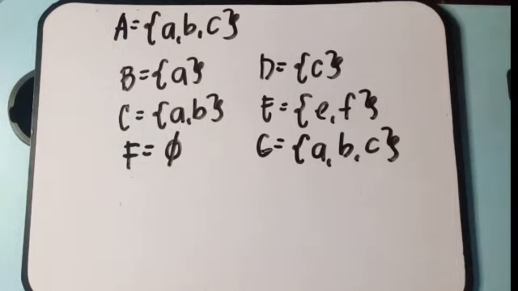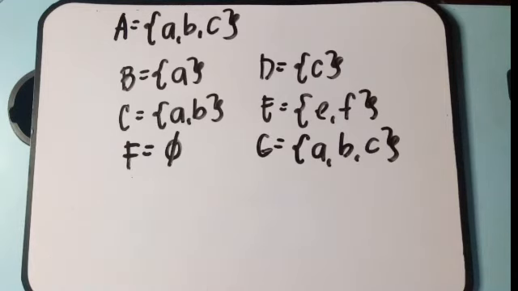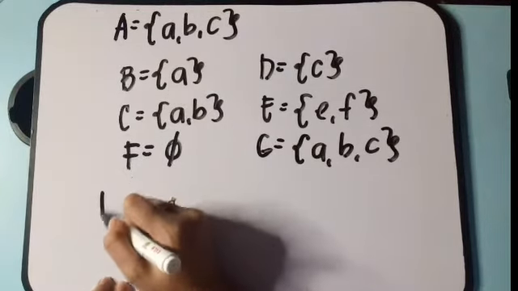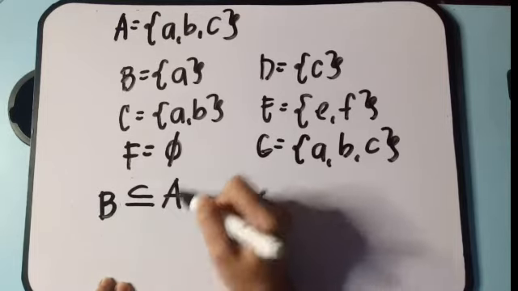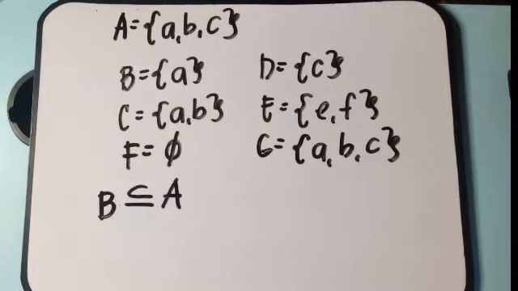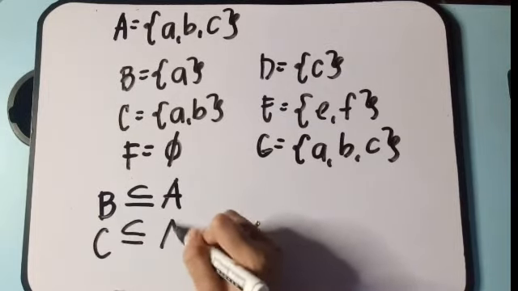This example here. So, we have set A to set G. Tignan natin dito, class, yung mga subset at mga proper subset dito. So, do you think, class, that B is a subset of A? Do you think C is a subset of A?